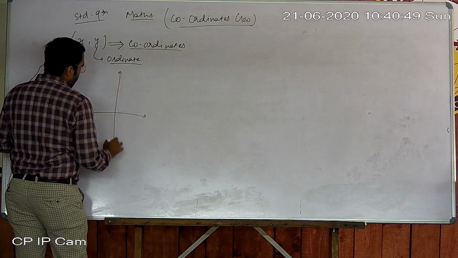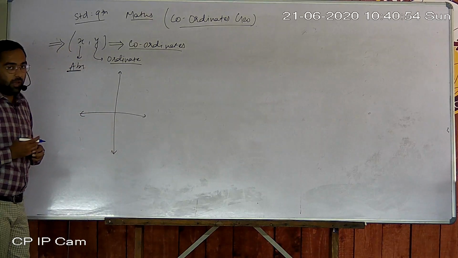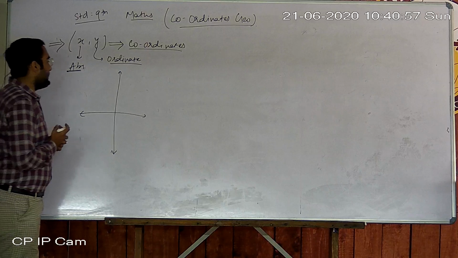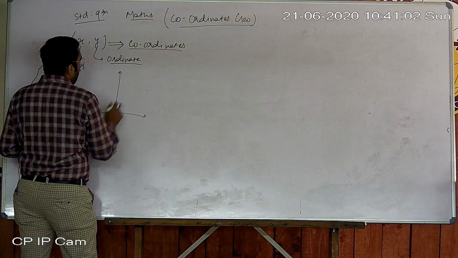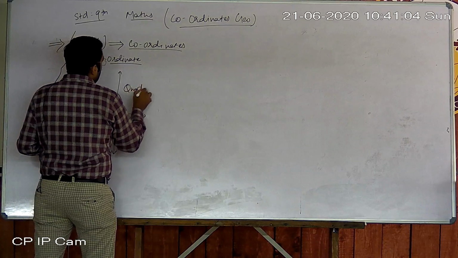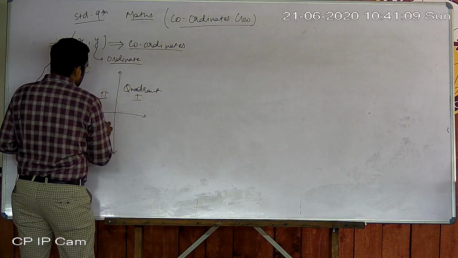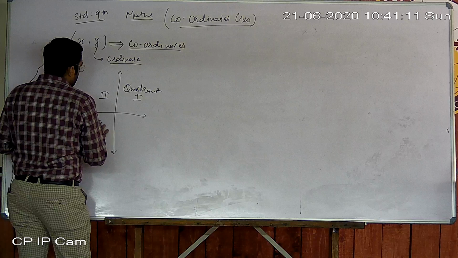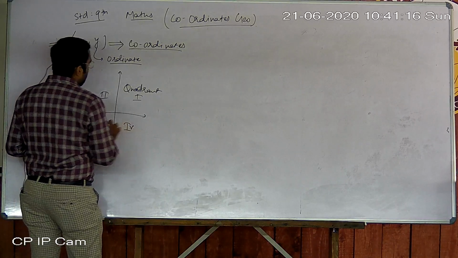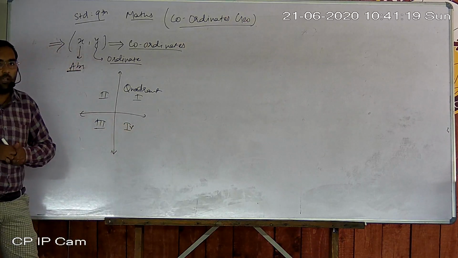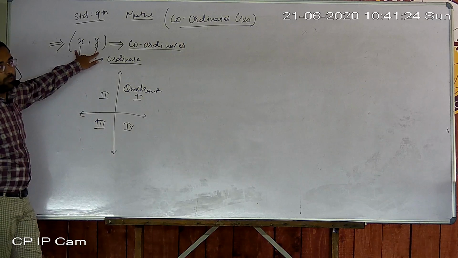We already learned that the graph is divided into 4 parts, and each one is called a quadrant. In the first quadrant, x and y are both positive.